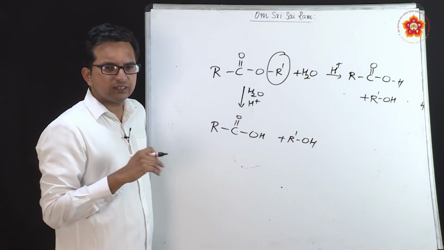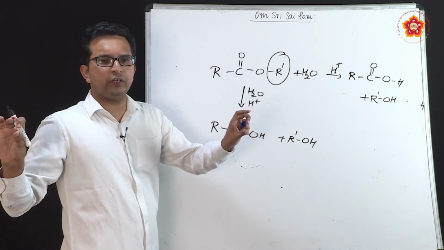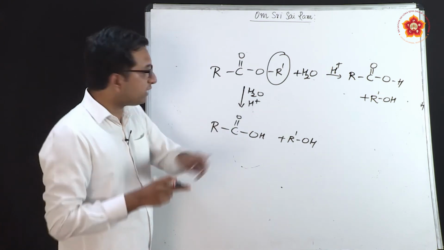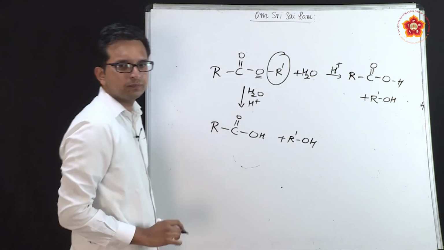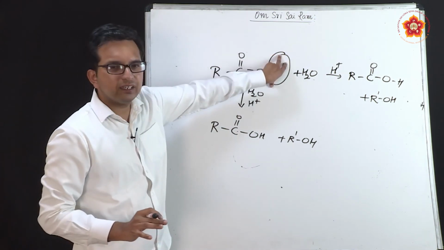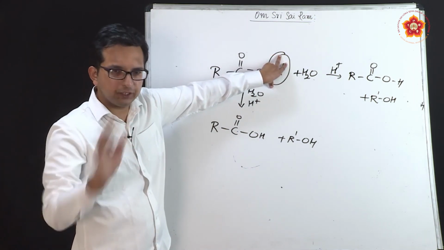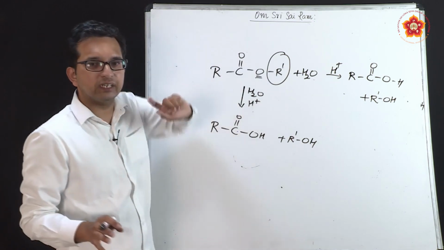The nomenclature says that the longest chain has to be identified as parent, but that will not be applicable here because the longest chain is broken by oxygen. So therefore anything written on this side is taken as substituent, anything on this side is taken as parent.